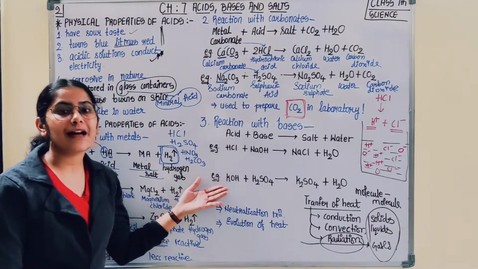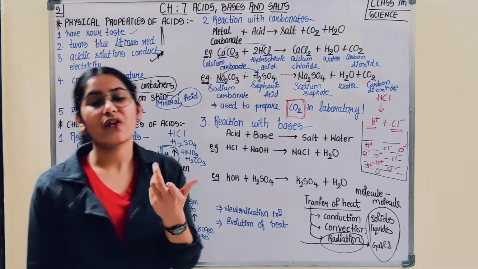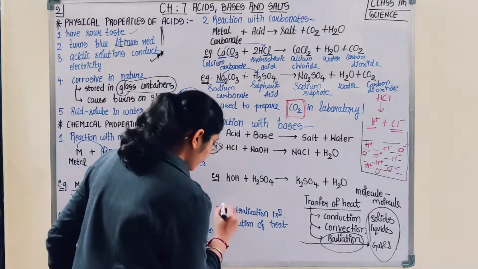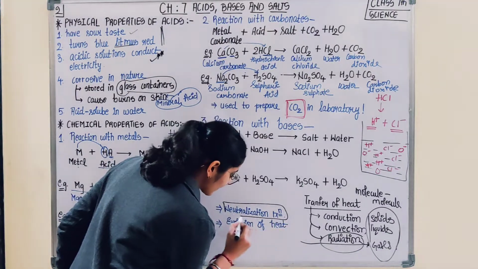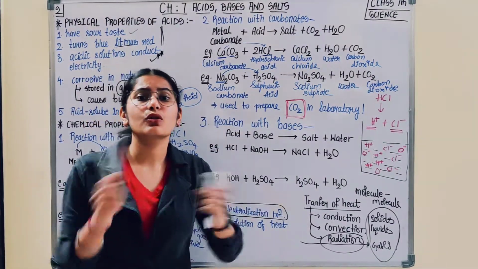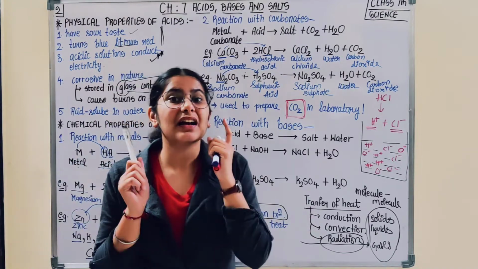Now in case acids react with bases, what happens? This is the simple reaction. These reactions are sometimes known as neutralization reactions. Why? Because we have already discussed that acids and bases are able to neutralize each other's chemical properties.